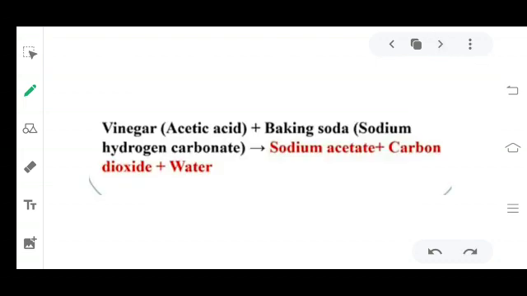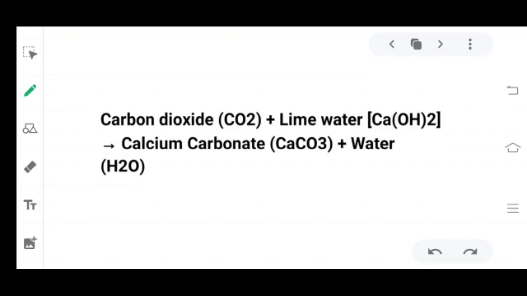Let's observe it here. The chemical reaction can be written as vinegar is acetic acid, baking soda is sodium hydrogen carbonate. When these two are mixed, we get sodium acetate, that is another new material, along with carbon dioxide and water. So what happens when we pass this carbon dioxide through lime water?